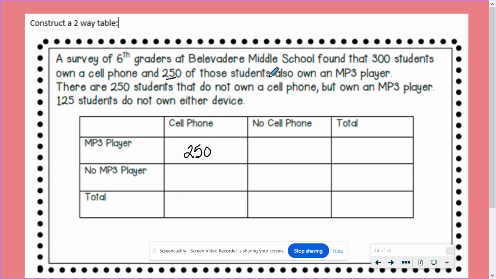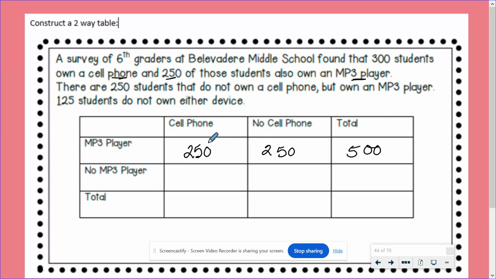We also know that there are 250 students that do not own a cell phone but do own an MP3 player. So that would go here. And my total, that's pretty easy to do too, because 250 plus 250 is going to be a total of 500 people that own an MP3 player.